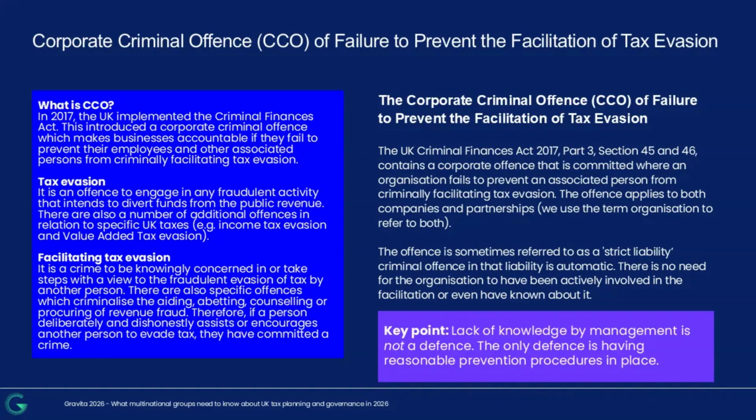Now, the aim of the rules is to address behaviours that may facilitate tax evasion. Historically, if someone was evading tax and they were not connected to you or not part of your actual business, you could just say, well, not on my watch, it's nothing to do with me.